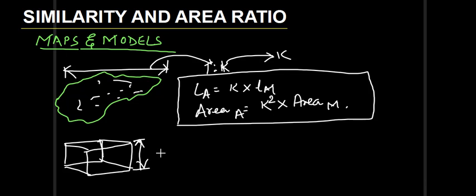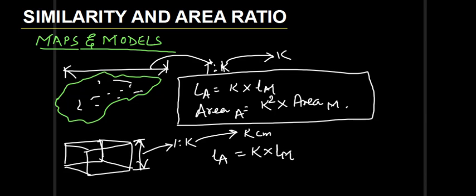Now suppose the model is made at a scale of 1 is to k. That means if the model has a length, or here it is height, of 1 centimeter, the actual cube, which is much bigger, will have k centimeter. So in this case, the length of the actual cube will be k into the length of the model.